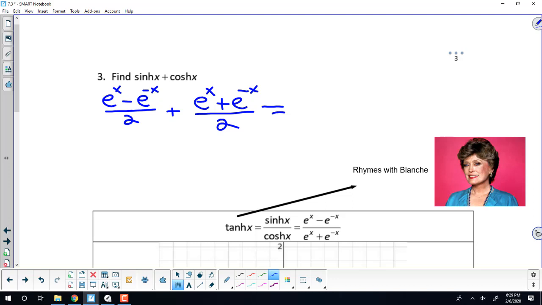We already have a common denominator, and we have 2e to the x over 2, which is just e to the x. They have a fancy name because they come from the unit hyperbola, but at the end of the day, they're really exponentials. They're all exponential functions.